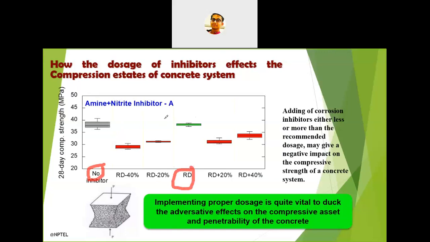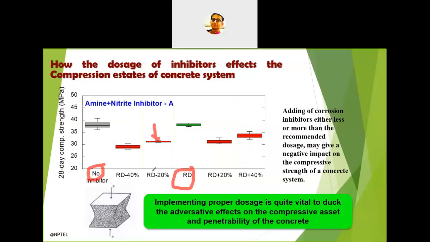But when we have used the corrosion inhibitors by -20% and -40%, there is a decrement in the compressive strength. There is a gradual decrement in the compressive strength. And even when we have used more than the recommended dose, plus 20 percent and plus 40 percent, we have seen that there is a gradual drop in the compressive strength.